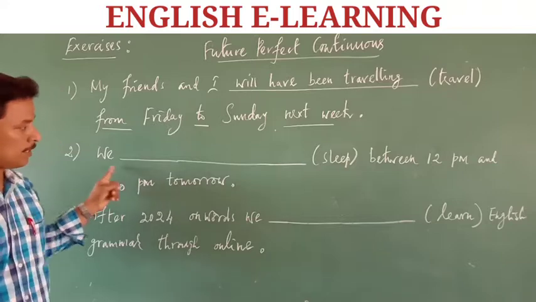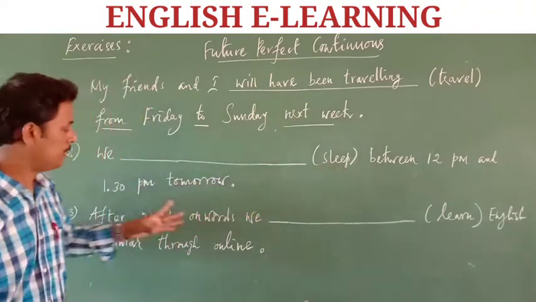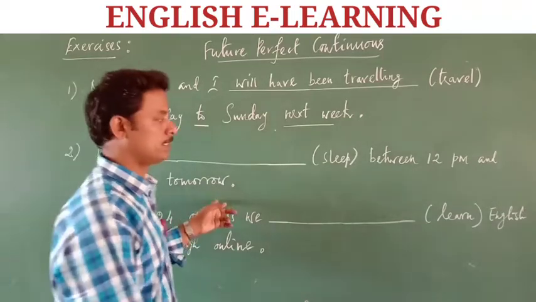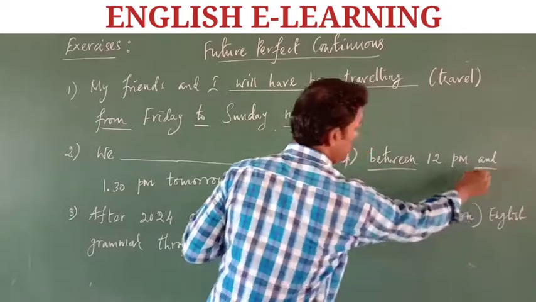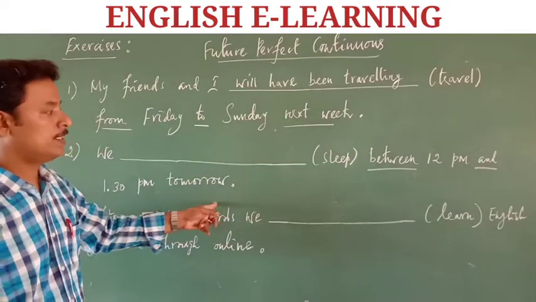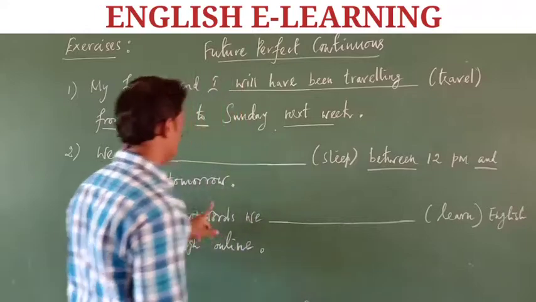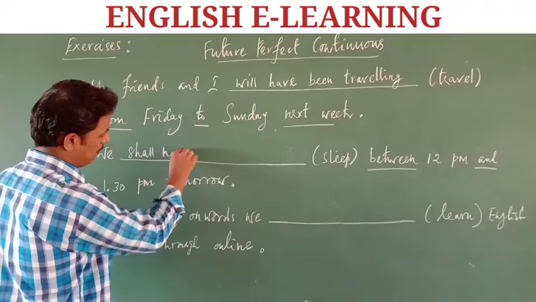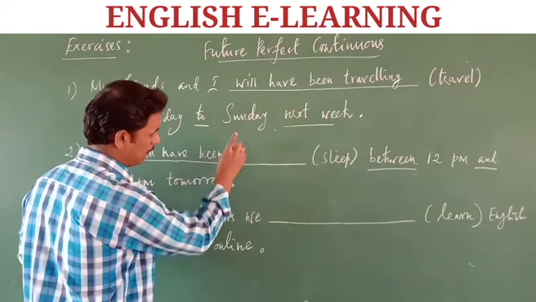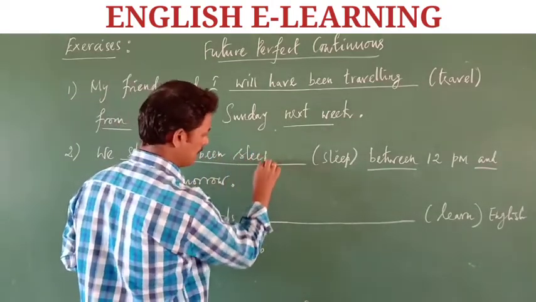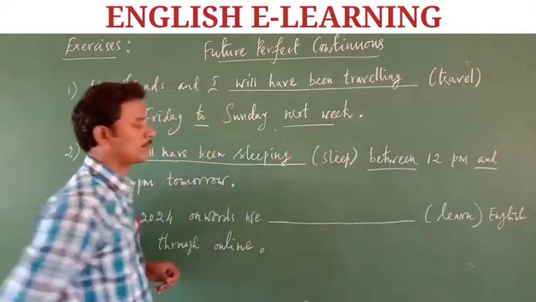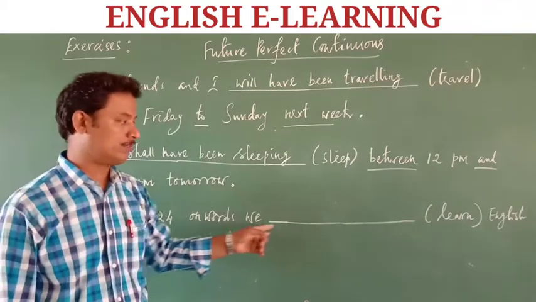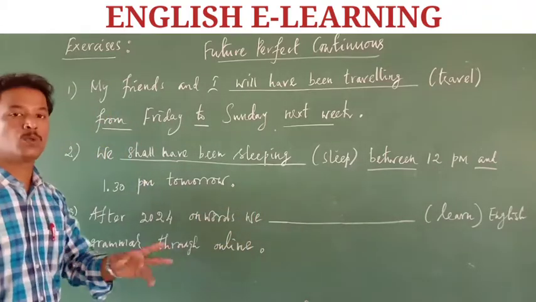Next one, we dash between 12 p.m. and 1:30 p.m. tomorrow or next week. The keyword is between and. Right. The given verb is sleep. So answer is shall or will have been verb plus ing sleeping. Okay. Third one is after 2024 onwards we dash English grammar through online.